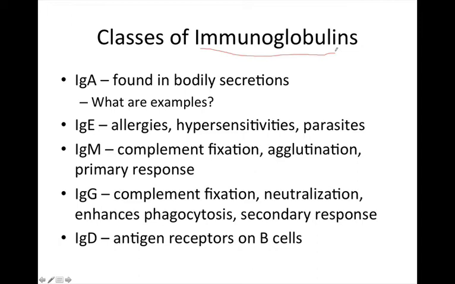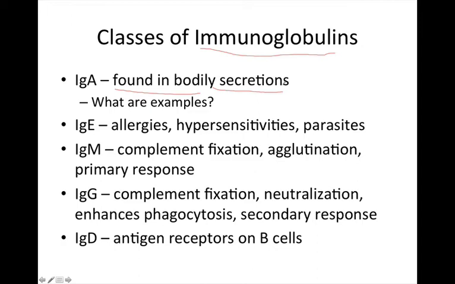So immunoglobulin A, IgA, is an antibody that is found in bodily secretions. That's important because bodily secretions are materials that are being moved to the outer surfaces of the body.